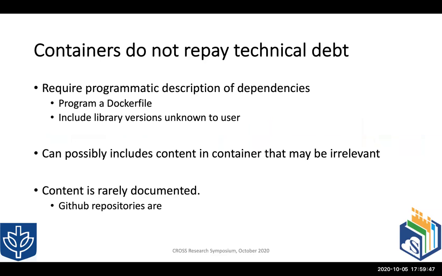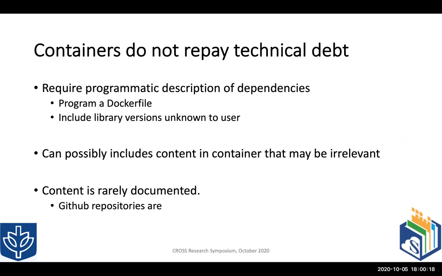But containers do not help us pay technical debt. They do not address the issues of technical debt. In particular, the environment debt must be paid manually. Containers like Docker and Singularity require programmatic description of dependencies. One has to program a Dockerfile to tell what must be contained within the container.